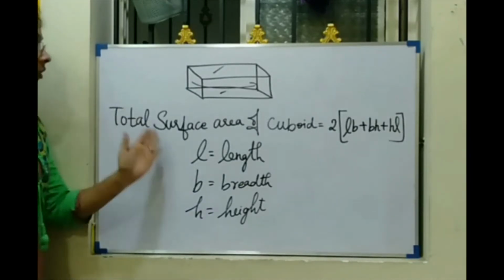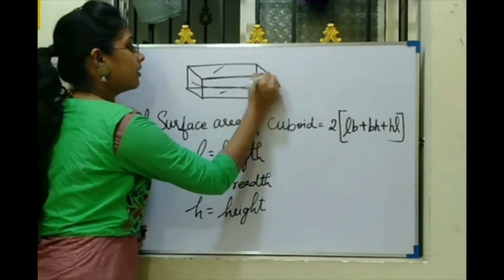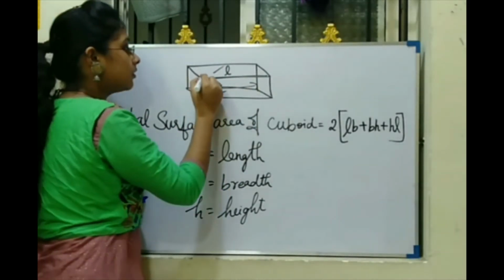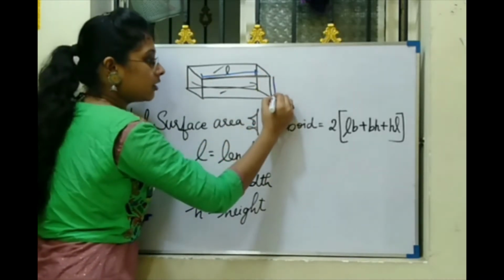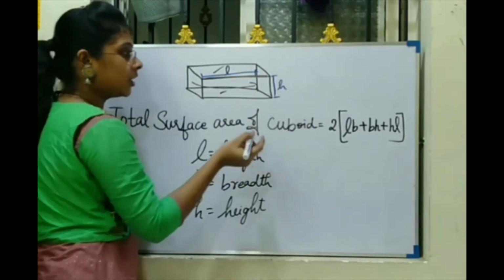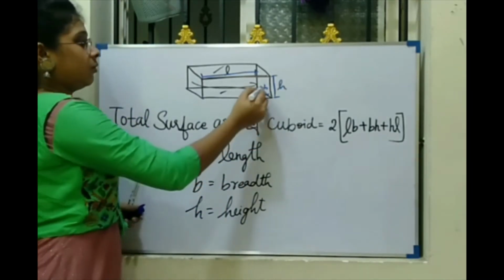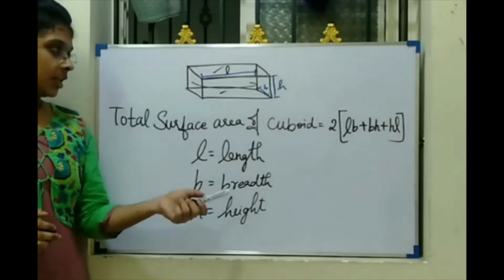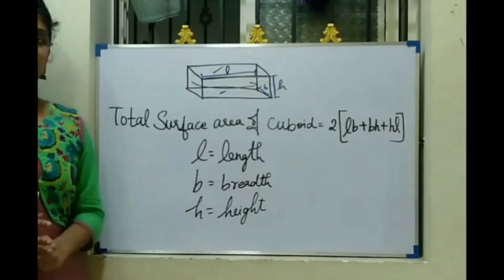L means the length of the cuboid, that is, this will be your length. Then this will be your height, and this will be your breadth. Therefore, the total surface area of a cuboid is equal to 2 into LB plus BH plus HL.